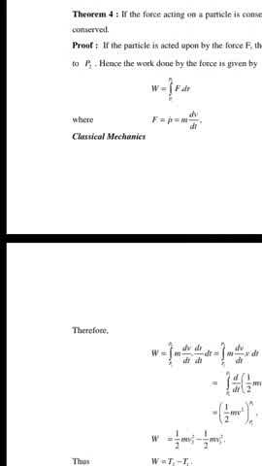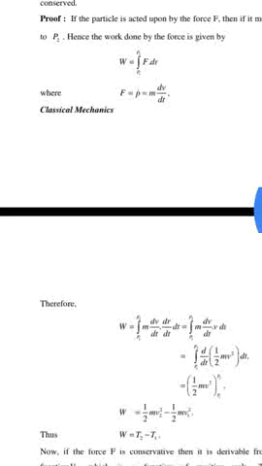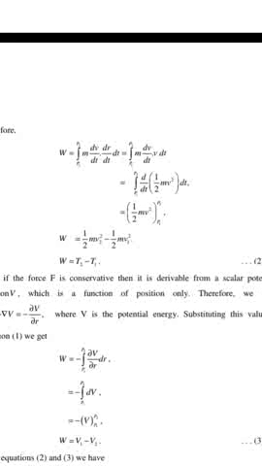Hence, the work done is given by W = ∫ from P1 to P2 of F·dr, where F = m r̈ = m dv/dt. W = ∫ from r1 to r2 of m (dv/dt)·(dr/dt) dt = ∫ m (dv/dt) v dt = ∫ d/dt(1/2 m v²) dt = [1/2 m v²] from r1 to r2 = 1/2 m v2² − 1/2 m v1², that is, W = T2 − T1.